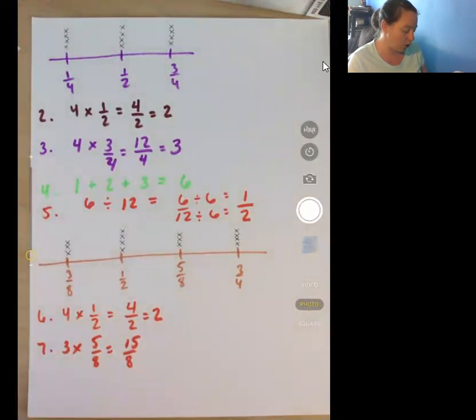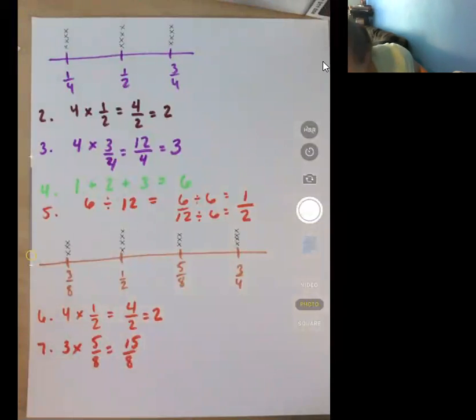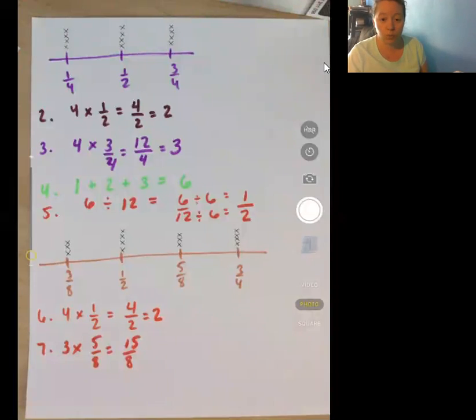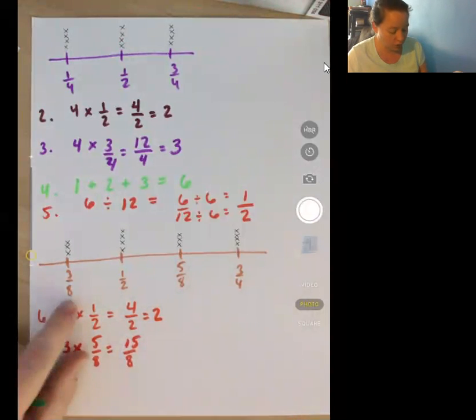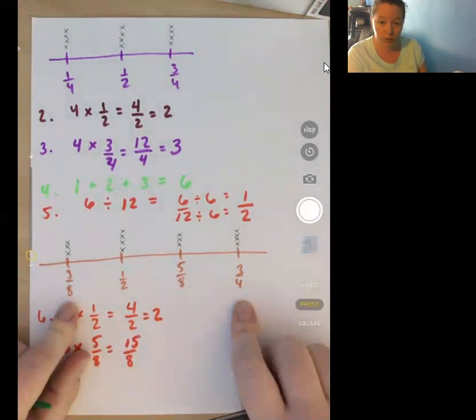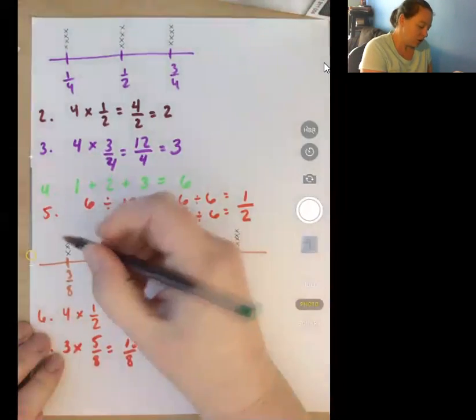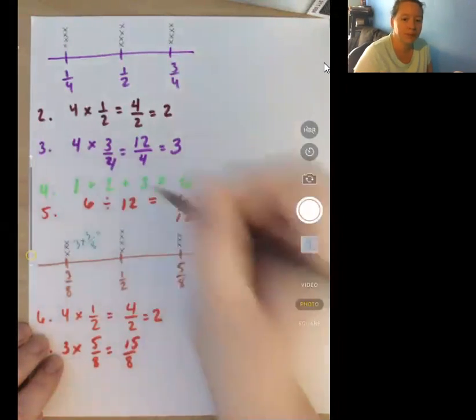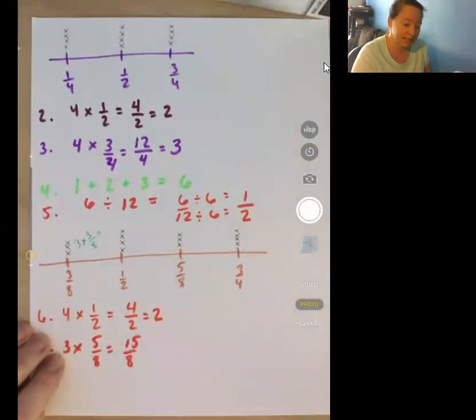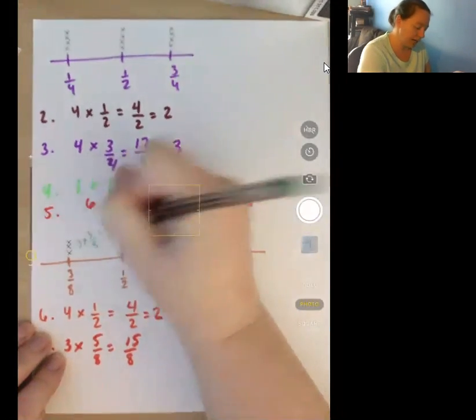What is the total length of all of the crystals on the bracelet? Okay, so in order to do that, I have the ones for the 1/2 and for the 5/8. So we need the ones for the 3/8 and for the 3/4. We don't have those yet. So we have 3 times the 3/8. 3 times 3 is 9 over 8.